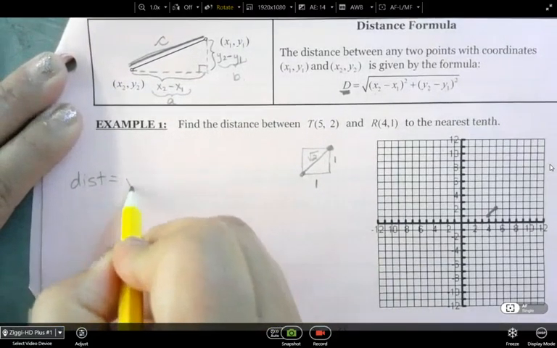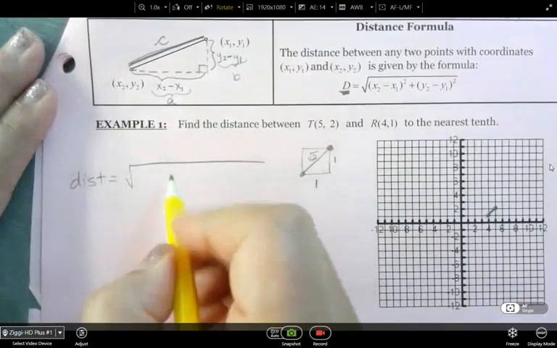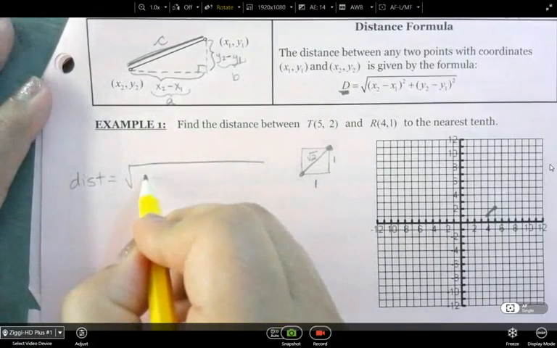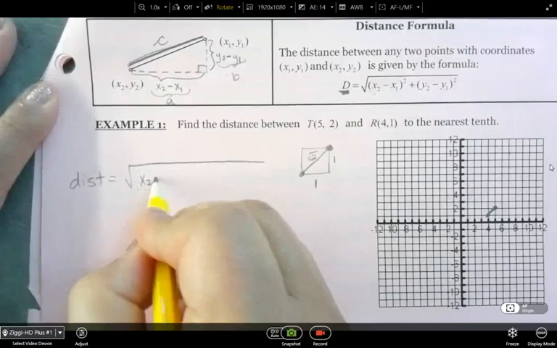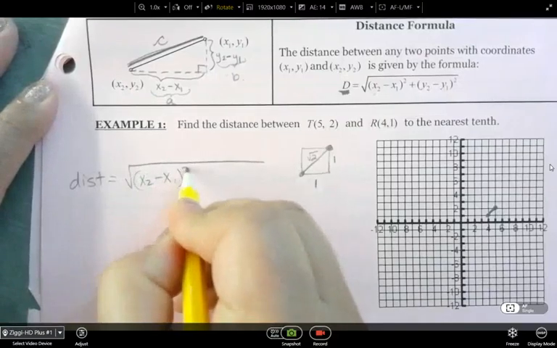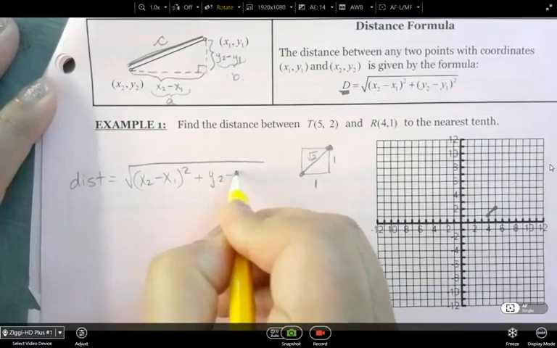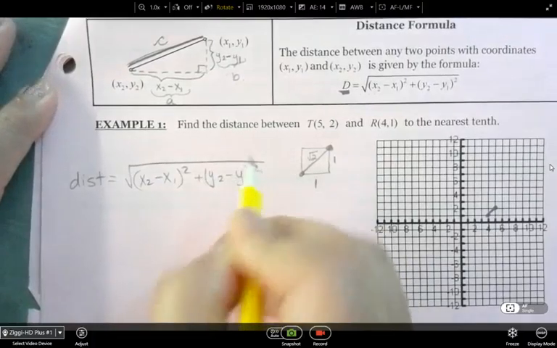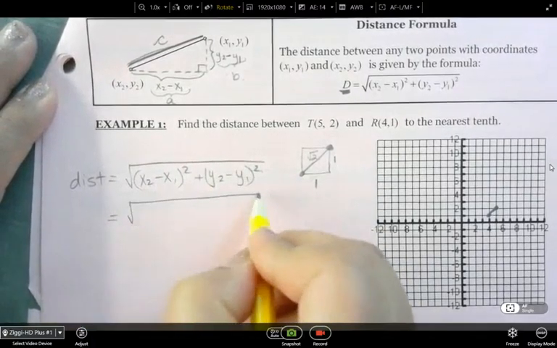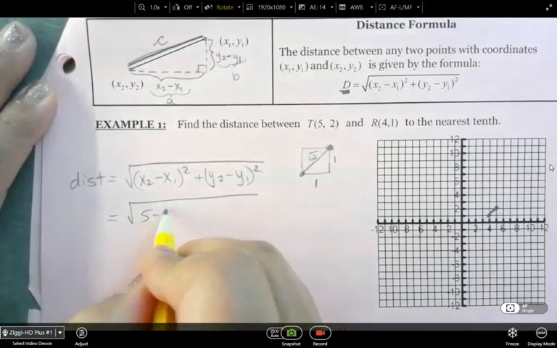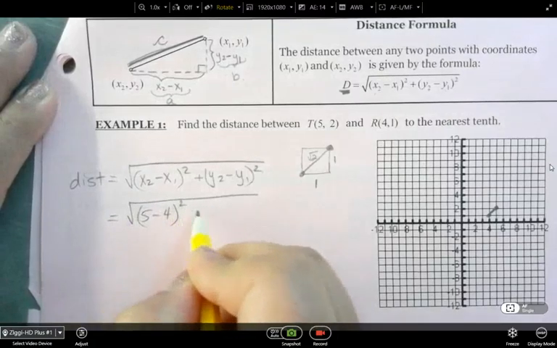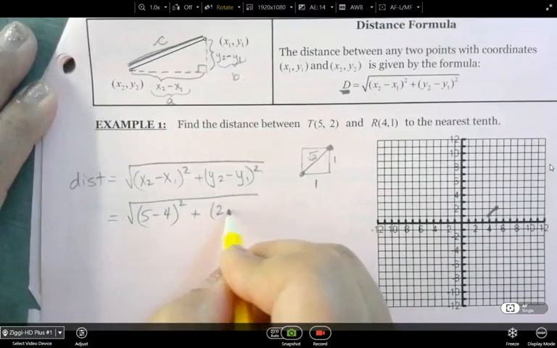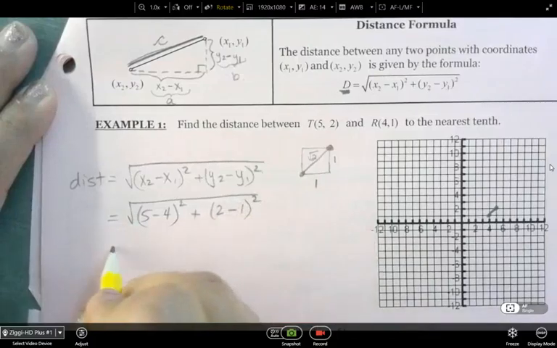So this is our formula here. Square root, and we've got x2 minus x1 squared plus y2 minus y1 squared. So then I've got 5 minus 4 squared plus 2 minus 1 squared.